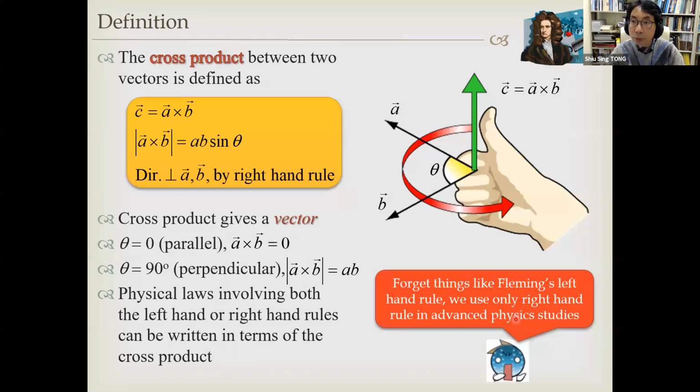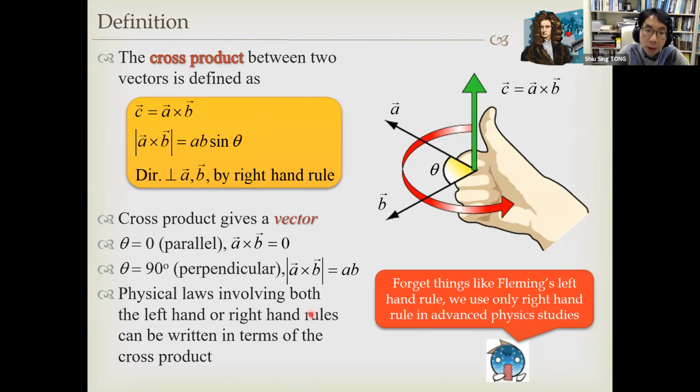We do not use them anymore. We can express everything that involves the three directions in terms of the cross product. So the cross product is the only thing you need to remember. The right-hand rule: you go from A to B with your forefinger, and the cross product is in the direction of your thumb.